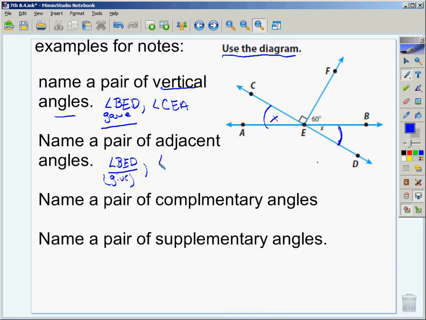FEB would work. If I gave you BED again, I heard somebody say the other one, angle DEA would also be adjacent to it. Okay? They're next to. They share a side and a vertex.